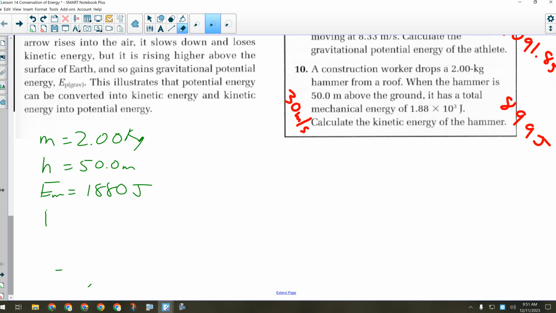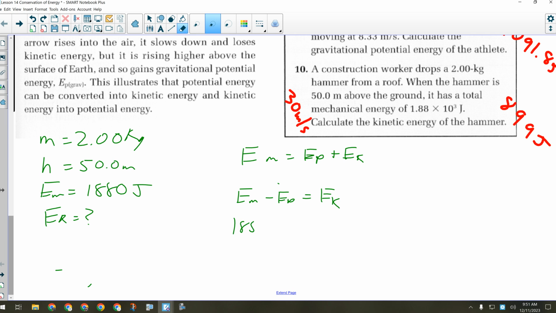We're looking for the kinetic energy of the hammer. Mechanical energy equals potential plus kinetic. How do I get kinetic by itself? Subtract potential over to the other side. So mechanical minus potential equals kinetic.